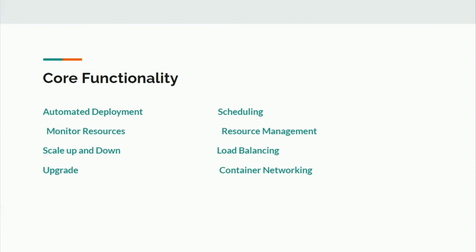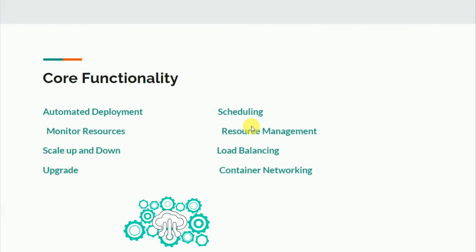So we have seen the core functionalities of container orchestration: automated deployment, monitoring resources, scaling up and down, and upgrades. Now we are going to see what scheduling is, how scheduling is done, how resource management is done, and how it manages load balancing and container networking. In scheduling, it places the container on the right node according to the configuration given to us.